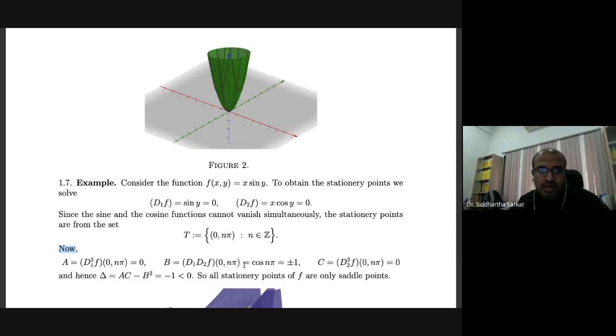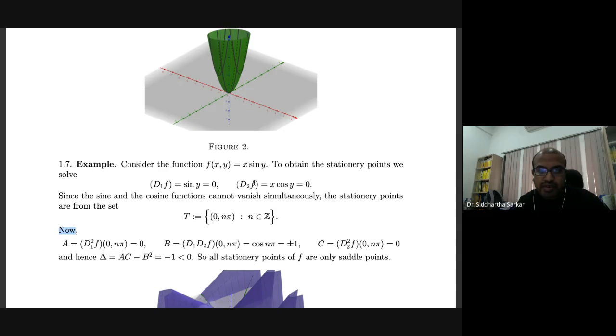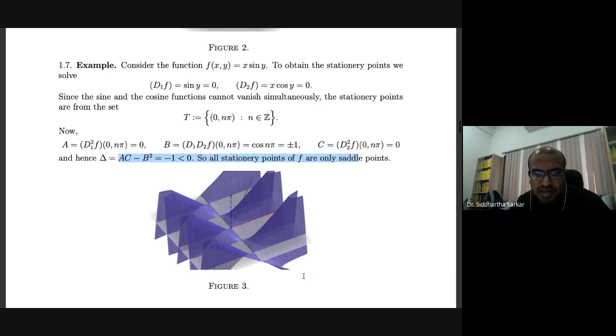Now d2 f, if I differentiate with respect to x, again I get cos y, which is just plus or minus 1 over here, and d2 square f is 0. So my ac minus b square is negative, so all the stationary points should be saddle points. And again, this is a graph. It's kind of a little bit crazy. You see that there are these integer points on the blue axis, which is the y-axis.